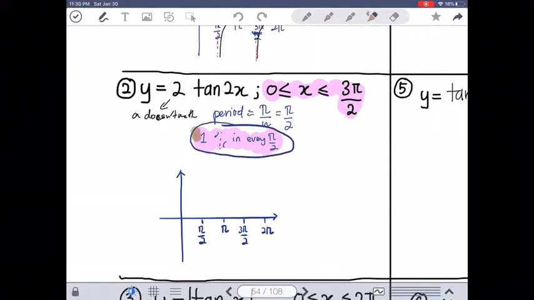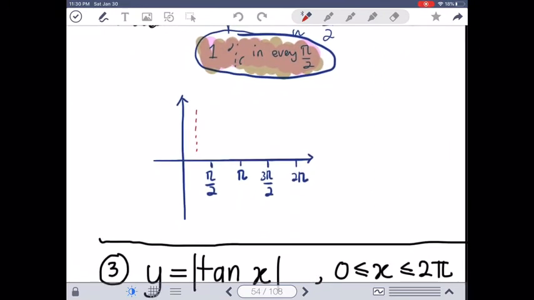Take note that in every pi over 2, there will be one cycle.